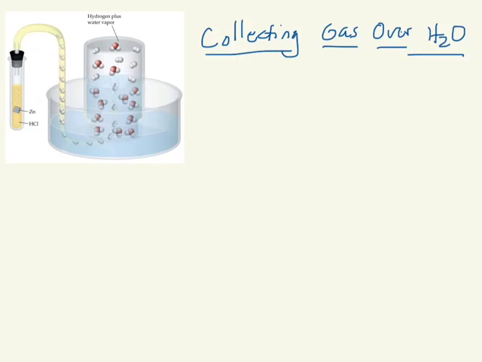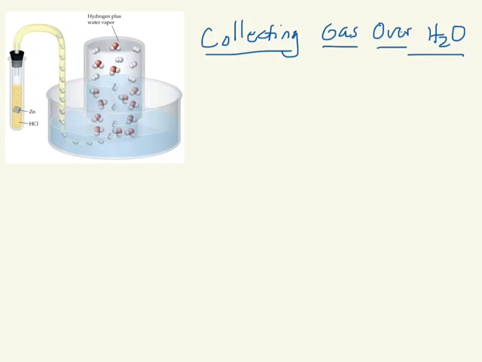Now, here's one piece of information, if you can tell from the diagram. The hydrogen gas is represented by these two small spheres connected, right? H2 gas. You can see it flowing through the tube. There is a very small amount of water molecules that are actually evaporating. So it's not just pure hydrogen gas that's being collected, or any gas for that matter. Water is always there.